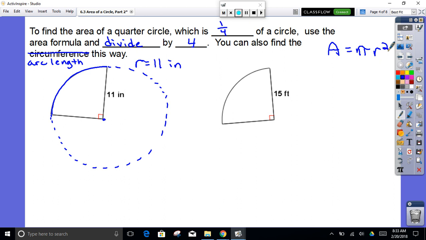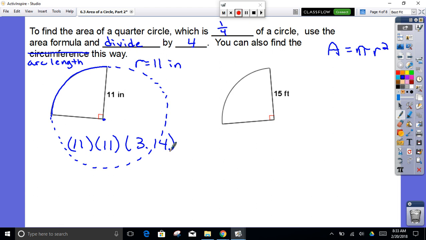So, using that formula, Devin, what do I do? Multiply 11 times 11, and then what? Multiply by 3.14. Good. You want to do it on your calculator and tell me what you get? 379.94.